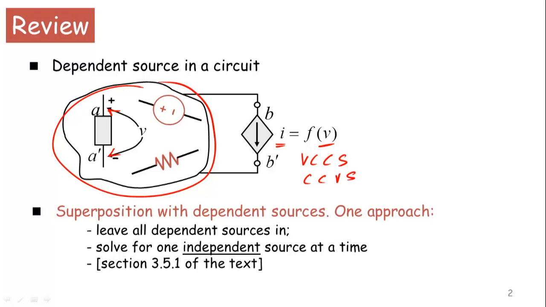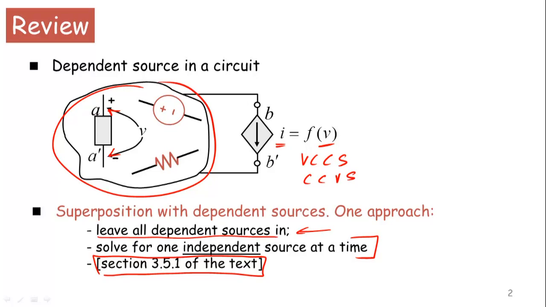We also looked at superposition rules with dependent sources. While there are many ways of doing this, and you can look at more details in section 3.5.1 of the textbook, a method that we will commonly use is to analyze circuits with dependent sources using superposition by simply leaving all the dependent sources in. So you just leave the dependent sources in the circuit, don't touch them, and according to the superposition method, solve for one independent source at a time.